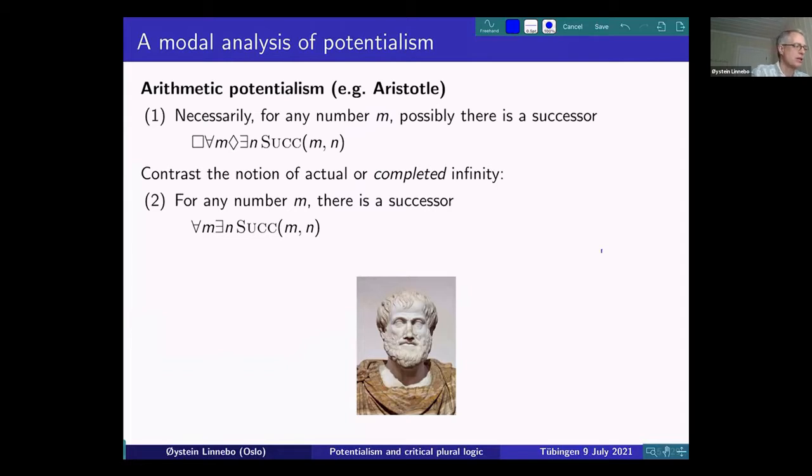So necessarily, for any number, it's possible for there to be a successor. And this contrasts with the notion of an actual infinity, which says that for every natural number, in fact, there is a successor. So according to Aristotle, that is not possible.